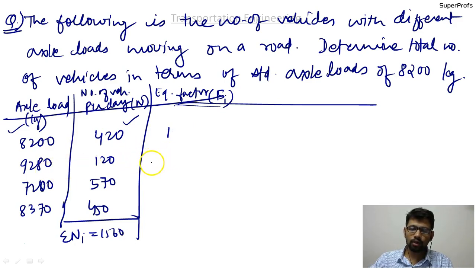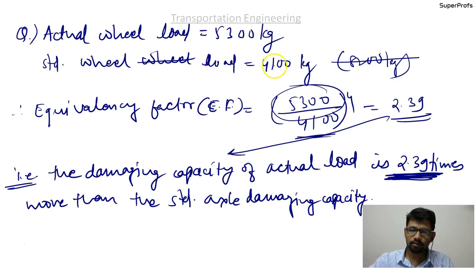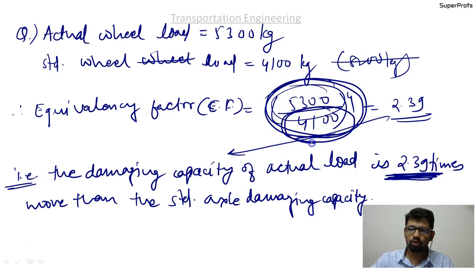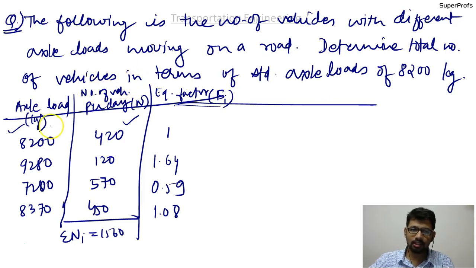9280 upon 8200 to the power 4 comes out to be 1.64, then 0.59, and 1.08. Please understand how I have done this. It is as per the fourth power law. We have used this formula, but since earlier it was wheel load it was 4100; in this case we are discussing axle loads, so it is 8200.